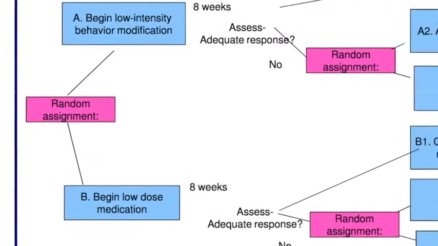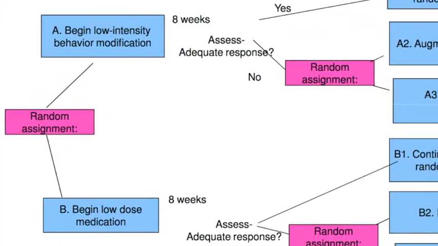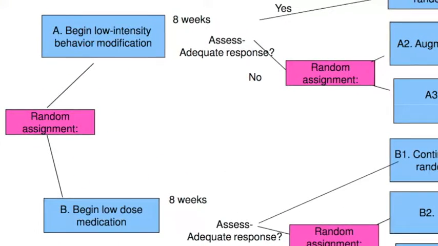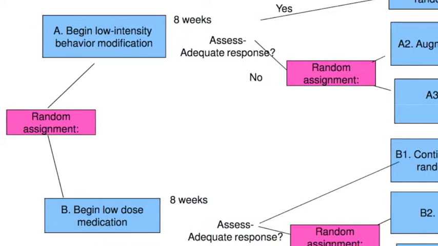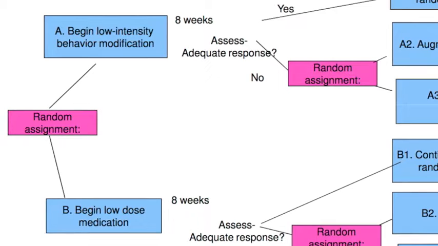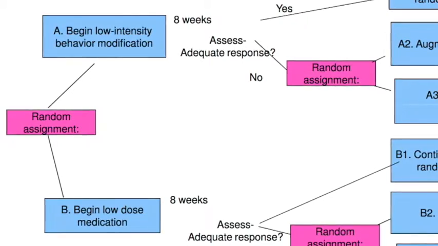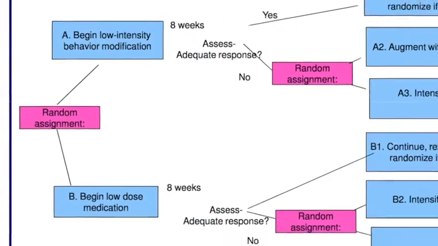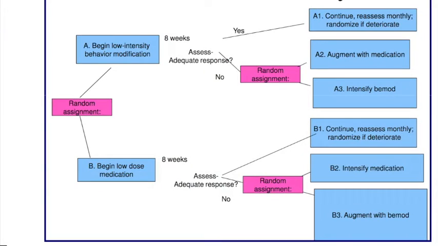Then beginning at 2 months and monthly thereafter, they're assessed for problems in the classroom. There was an operationalized definition of non-response. It had to do with misbehavior in the classroom. If they're doing okay, they just stay on what's working for the remainder of the school year.